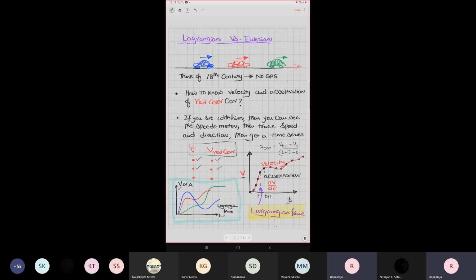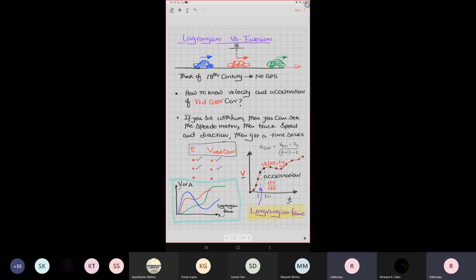Can I calculate standing at one location? I can only see some fraction of a car by standing here. What I mean is, somewhere on the other side of the road, Raja is standing there. His view is focused only up to this much level.